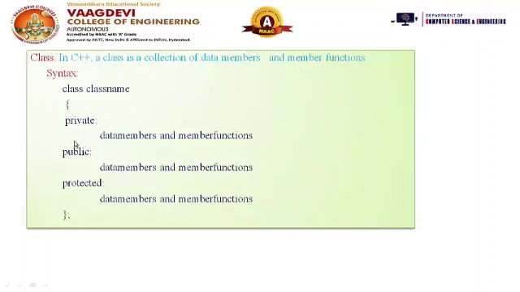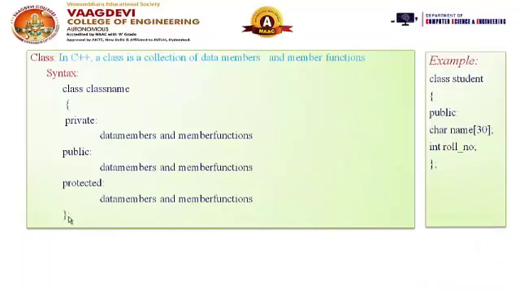Public, private, protected are the access specifiers. They are used to specify the scope of the data members and member functions. The closing curly brace, terminated by a semicolon, indicates the end of the class. And I will show you an example of a class. So this is the example of class student.